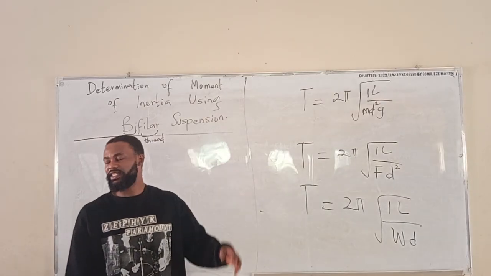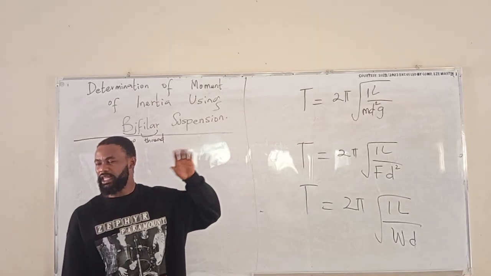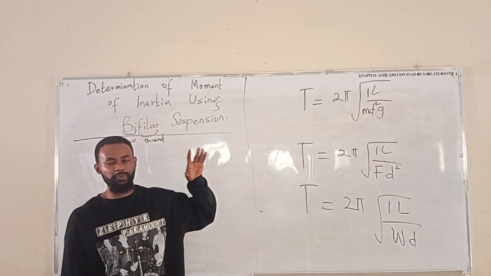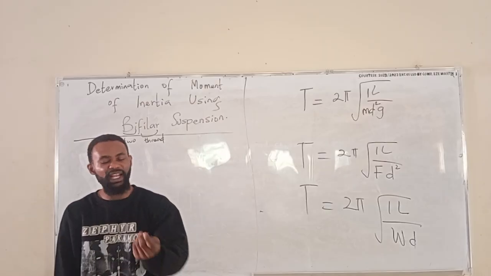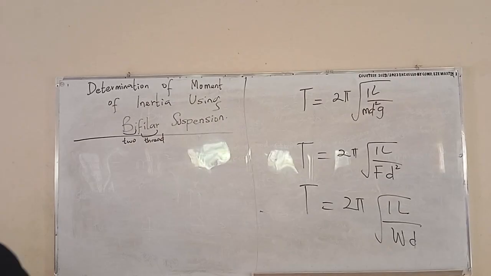The main thing is that we normally say that determination of moment of inertia by bifilar suspension is similar to simple pendulum, but there's a difference that we'll point out as we start practicing what the practical looks like. So once you have the equation of a simple pendulum, at the top, because you're talking about moment of inertia, you have I, and at the bottom, you just add mass, work done and displacement extra. Whichever one you are using is the same thing.